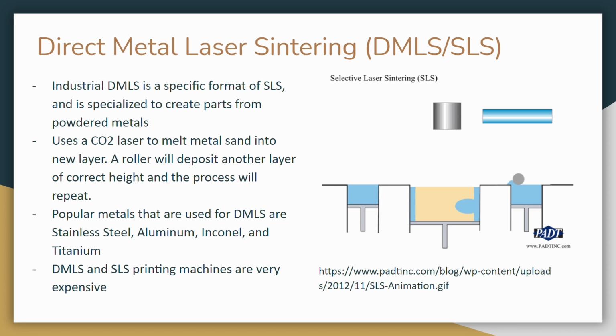A roller will deposit a thin layer of metal onto the build layer, and then a CO2 laser will melt the metal powder on contact to form a new layer. DMLS and SLS printers are the most expensive type of printer commonly used in the industry, but the high upfront costs are usually offset by the materials saved compared to traditional manufacturing.